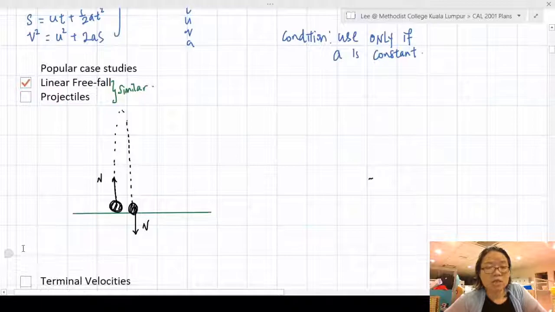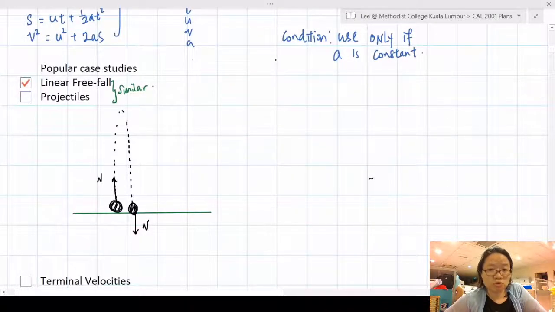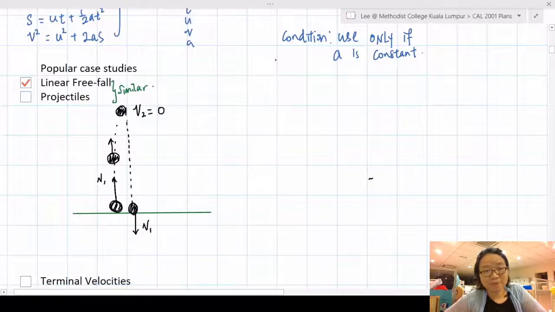Let's say you throw the ball up vertically at 90 degrees. What will happen is that it will hit the floor at the same speed, and at the highest position, the speed will be 0. As it goes up, it's slower and slower. As it comes down, it's traveling faster and faster. Go throw an object and look at it.